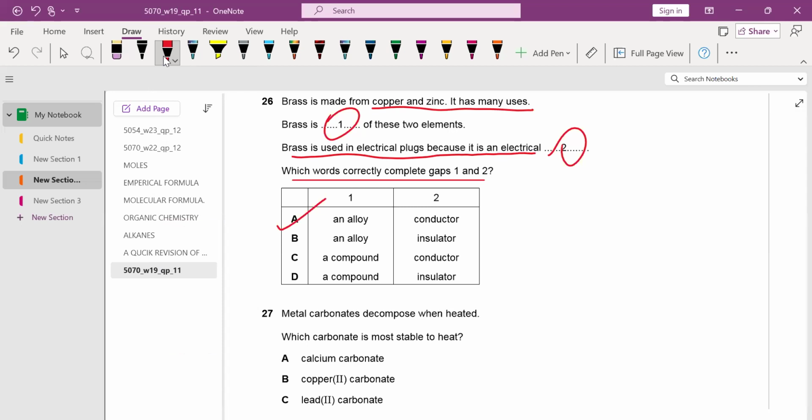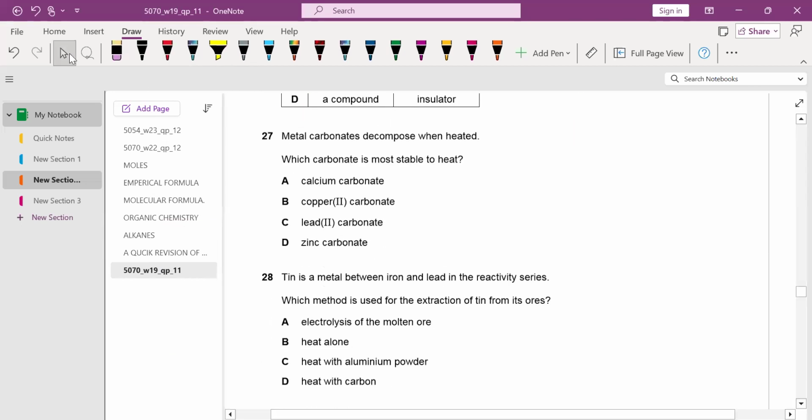Question number 27. Metal carbonates decompose when heated. Which carbonate is most stable to heat? For this question, calcium carbonate is most stable to heat as it belongs to group 2.